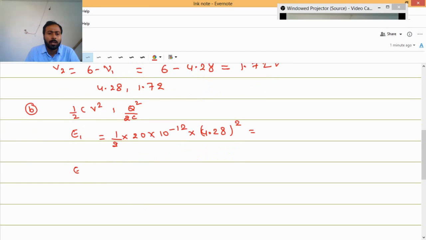Similarly we can evaluate the energy across the second capacitor, and that will be 1 by 2 into 50 into 10 to the power minus 12 into the potential difference across that capacitor, 1.72 volts, squared. I will evaluate these two values and write them here.